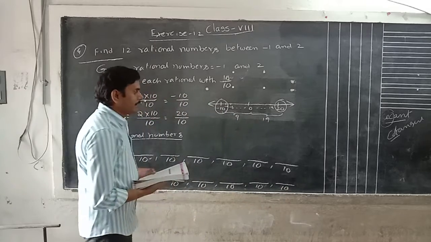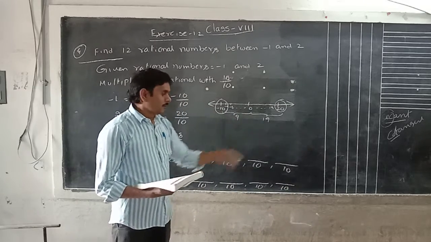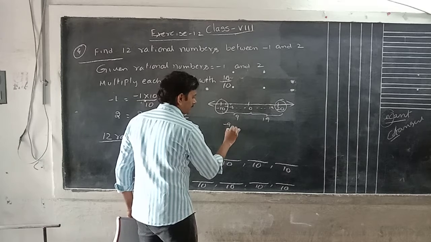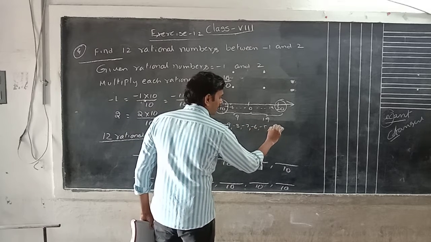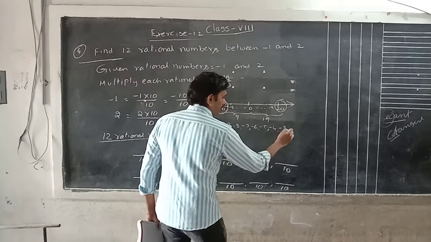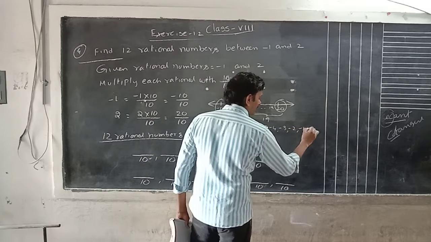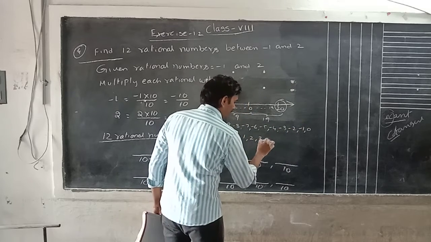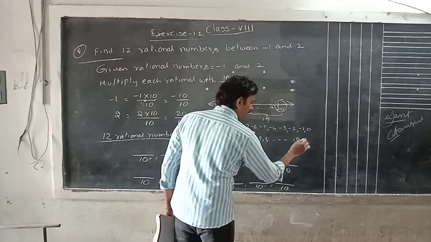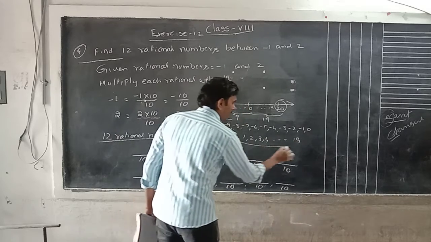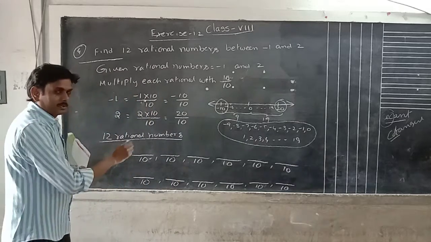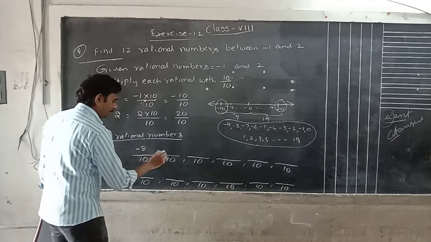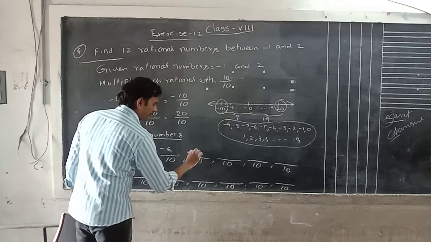We have to write numbers out of these 28 numbers. What are the numbers here? Minus 9, minus 8, minus 7, minus 6, minus 5, minus 4, minus 3, minus 2, minus 1, 0, 1, 2, 3, 4, up to 19 will be there. Any number you can pick, but don't repeat. I will write minus 8, minus 6, minus 5.